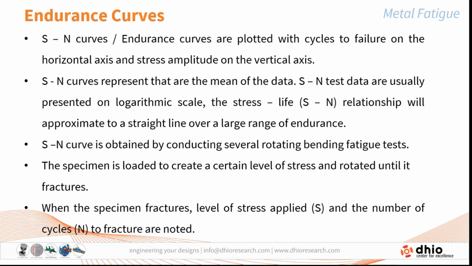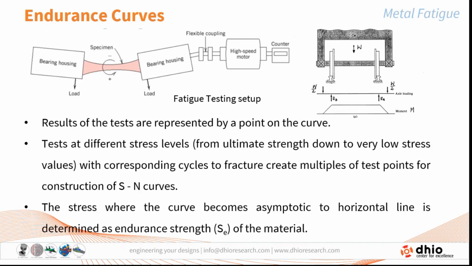Thus, the S-N curve is obtained by conducting several rotating bending fatigue tests. The specimen is loaded to create a certain level of stress and rotated until it fractures, so that you get one particular data point. Like that, a number of tests has to be conducted. When the specimen fractures, the level of stress applied S and the number of cycles to fracture are noted, and this gives you one point on the curve.